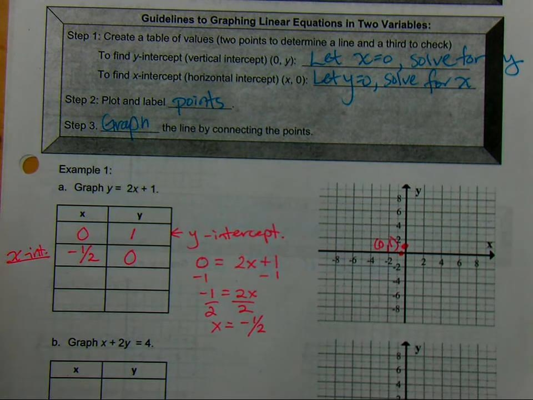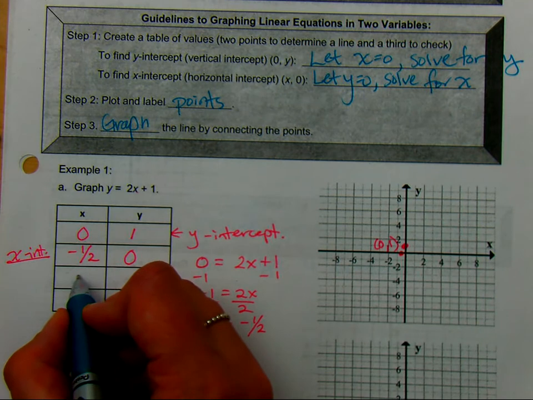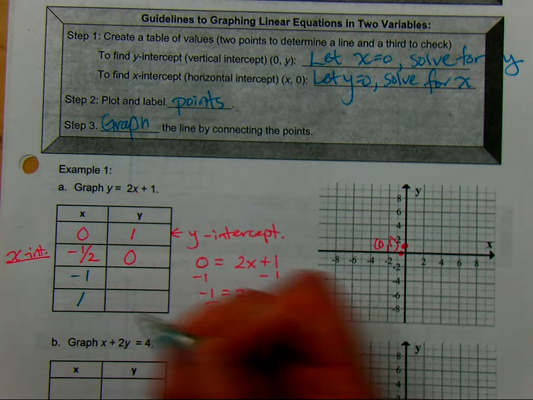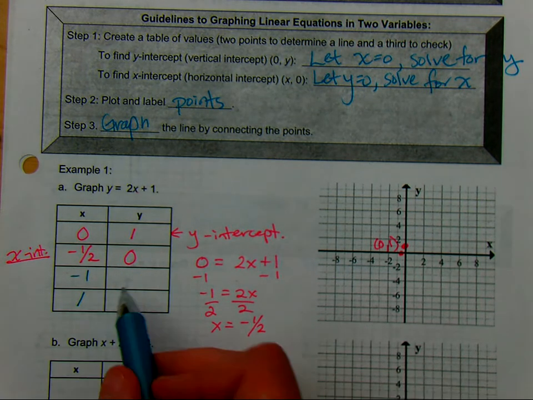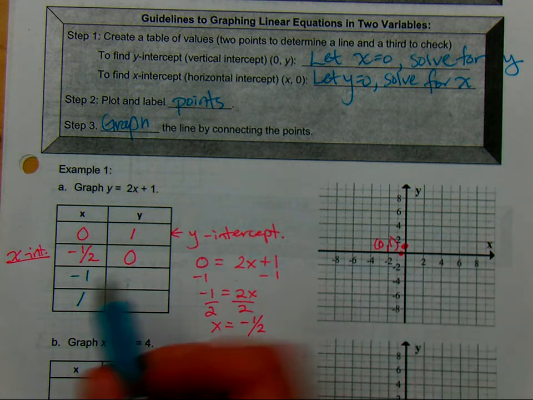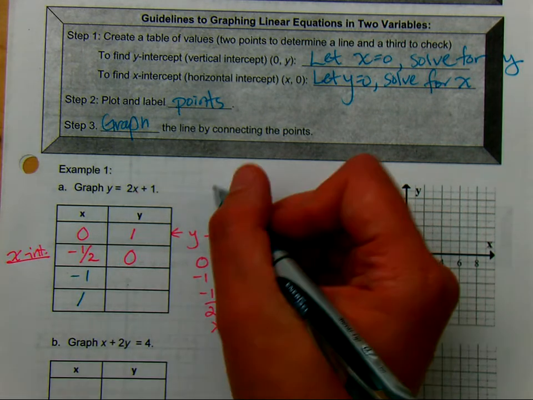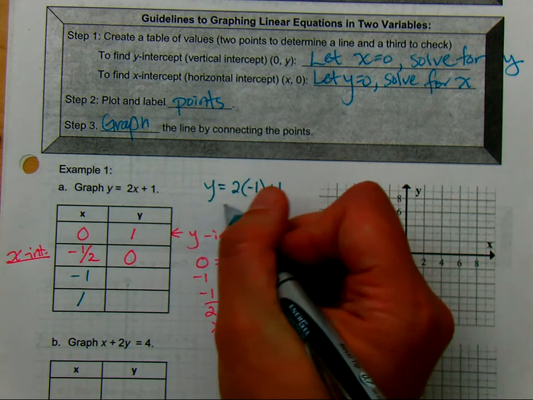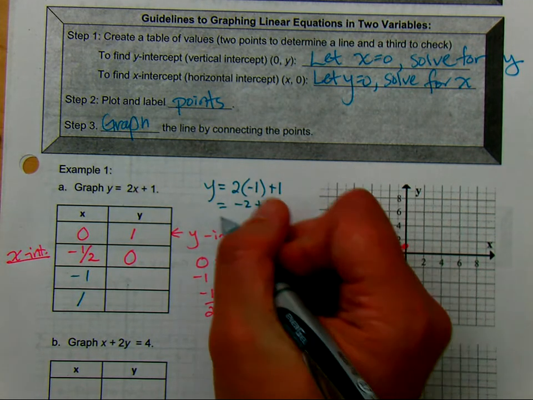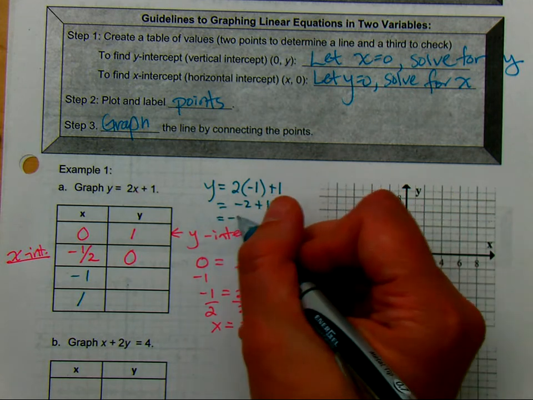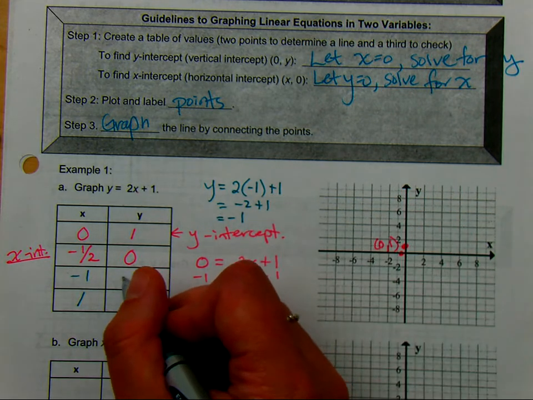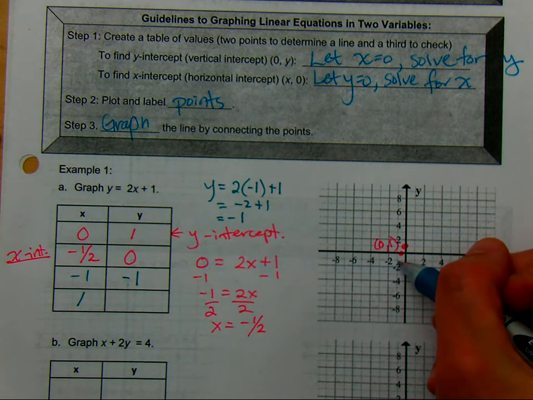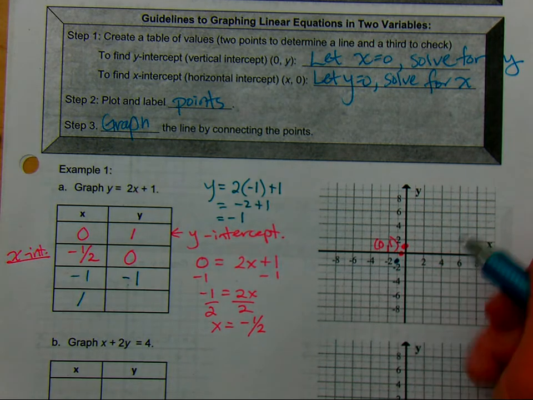You could also just plug in a few points. Maybe you plug in negative 1 and 1 as 2 more points to plot. So if I plug in negative 1, I have y equals 2 times negative 1 plus 1. That's equal to negative 2 plus 1 equals negative 1. So negative 1 is here.